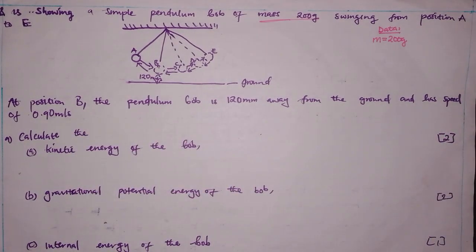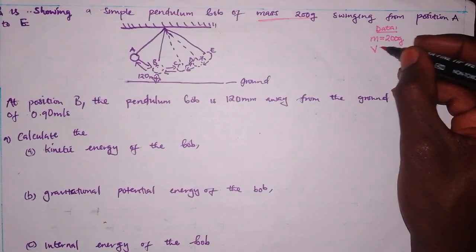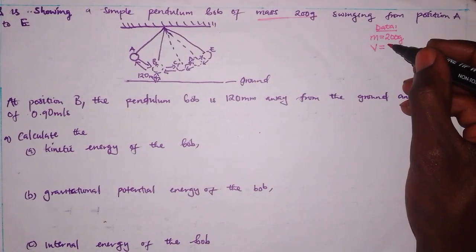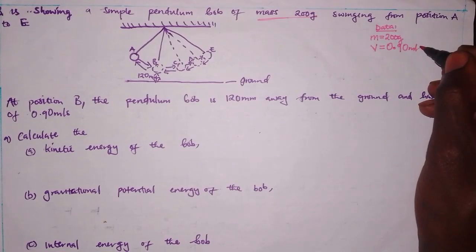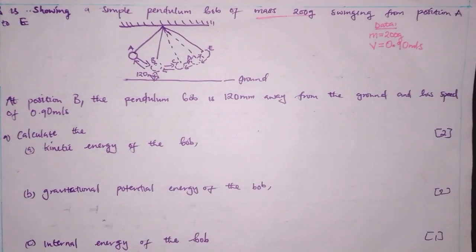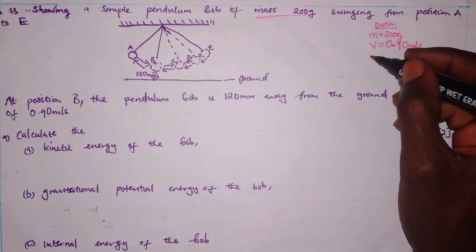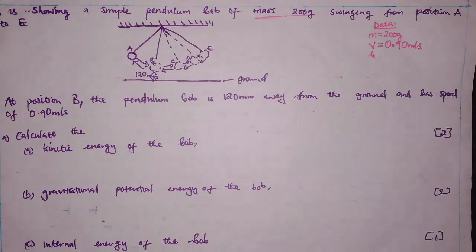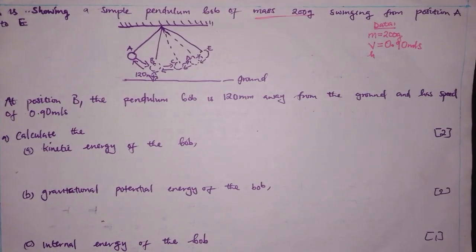Remember, speed and velocity are one and the same thing. So we can say velocity is 0.90 meters per second. Then we also have 120 millimeter, which means this is our height. Because we are saying it's from the ground, you are going up, meaning it's height.